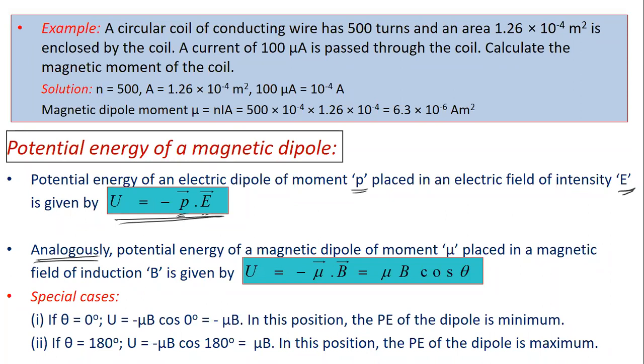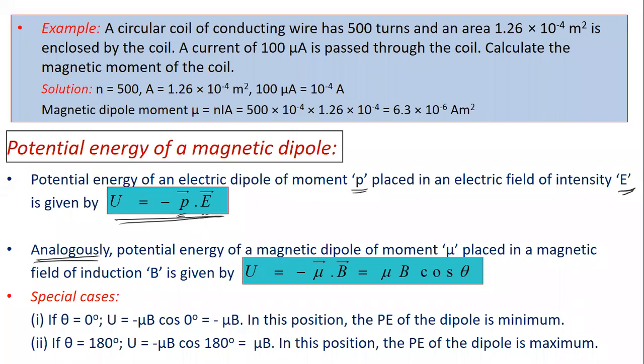P is the electric dipole moment, E is the electric intensity. Analogously, for a magnetic dipole moment we can write the formula minus mu bar dot B bar. Here mu bar is the magnetic dipole moment and B is the magnetic induction.